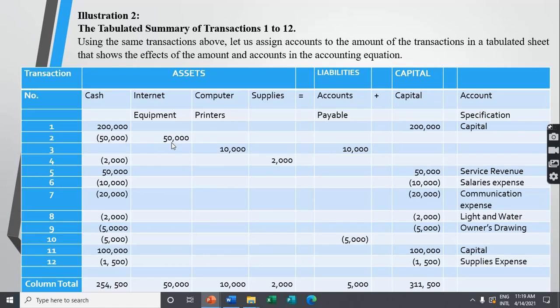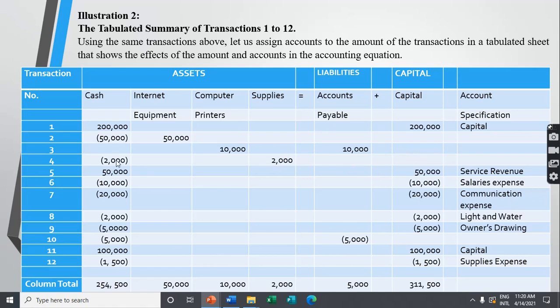So, yun yung transaction. Okay, dito sa number 3, bumili ka ng computer printers, pero inutang mo siya. Kaya, nadagdagan yung accounts payable mo under liabilities, which is 10,000. Okay? Dito naman, bumili ka ng supplies. Ayan. Nadagdagan yung supplies mo, pero yung supplies kasi na yon, binayaran mo siya as cash.